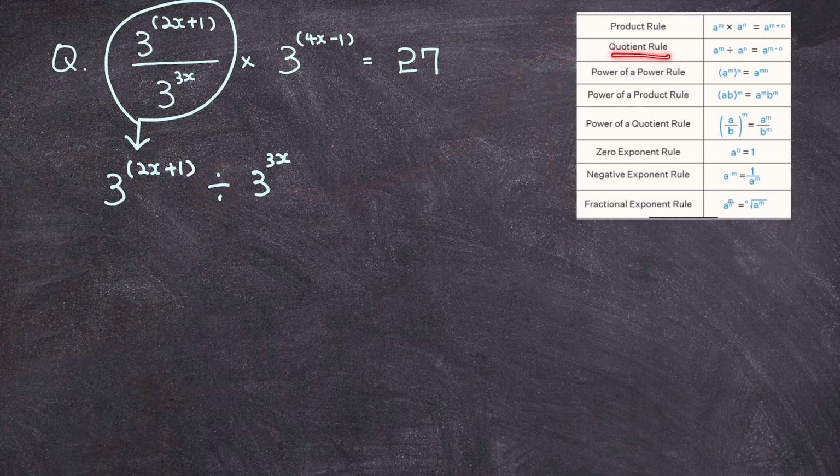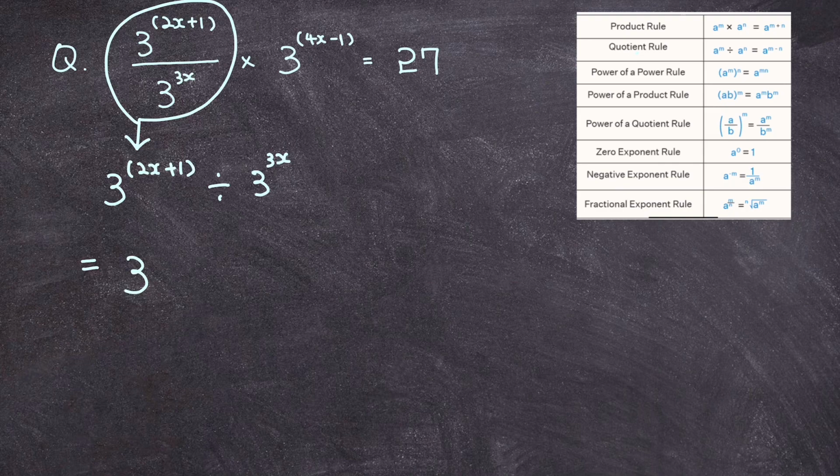So according to the quotient rule, if I divide a raised to the power of m by a raised to the power of n, the answer is a raised to the power of m minus n. So let's apply that to this problem at hand.